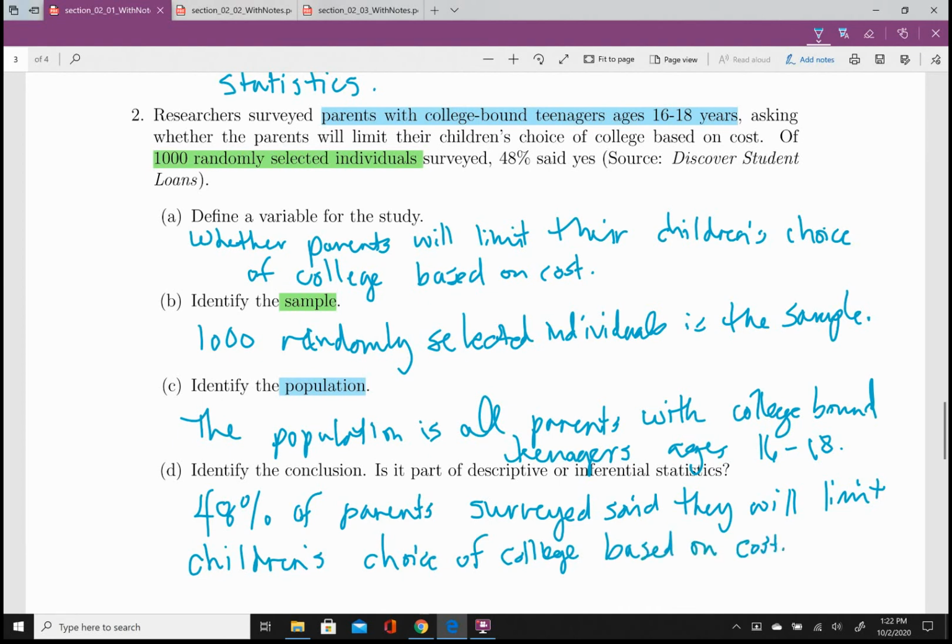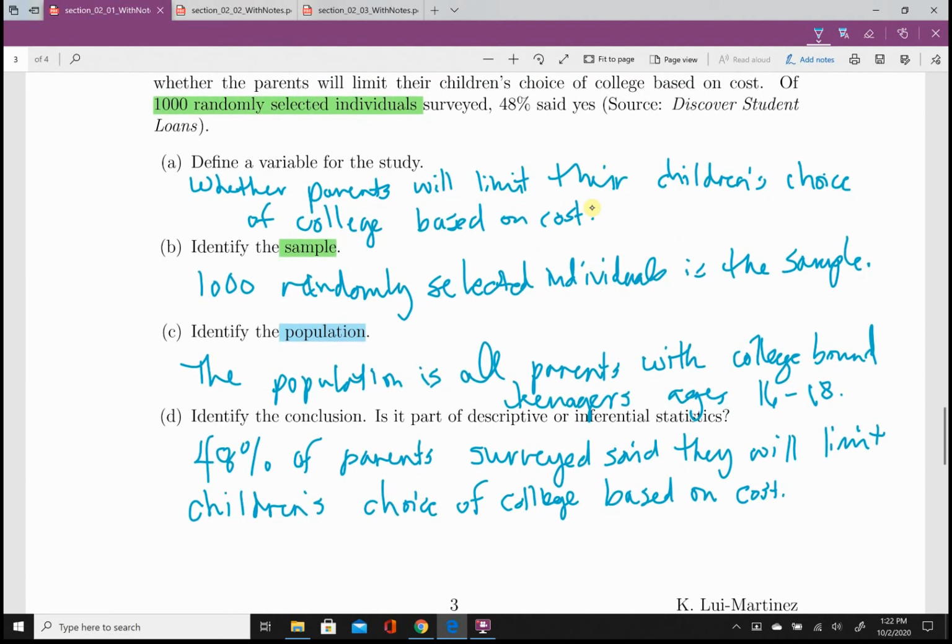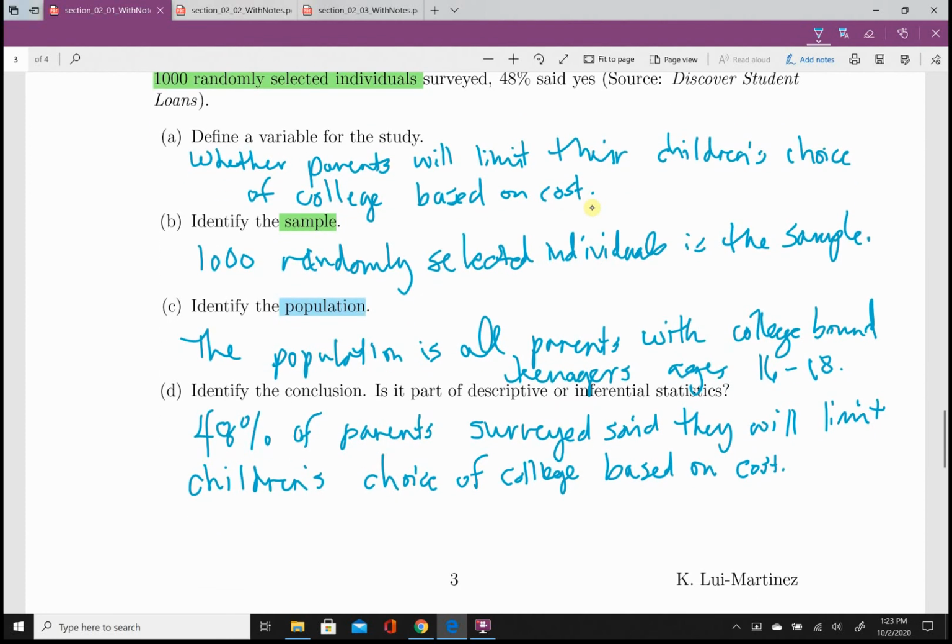And this is part of, well, what do you think? We're just talking about the 48% of parents surveyed, right? So since the conclusion is based only on the sample, this is descriptive statistics, okay? So we'll say this is part of descriptive statistics. Okay.